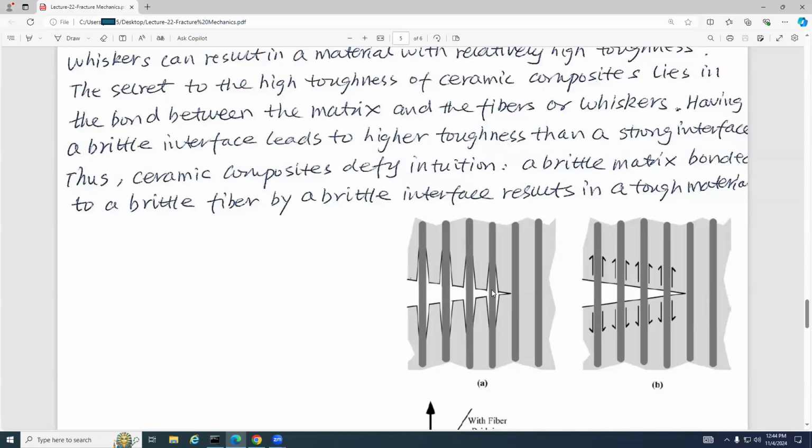It means that if you want to make this crack propagate, you need to break the bridging fibers. In order to break these bridging fibers, you need to consume more energy. And as a result, the toughness of this composite will be increased.